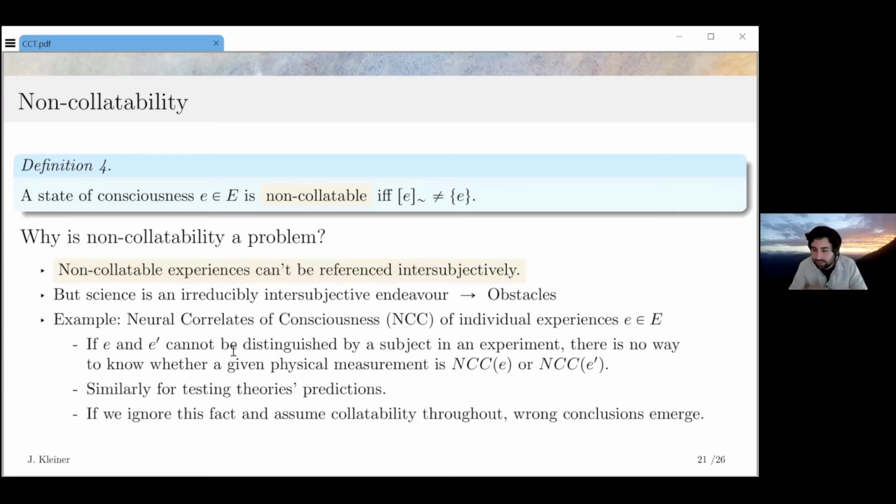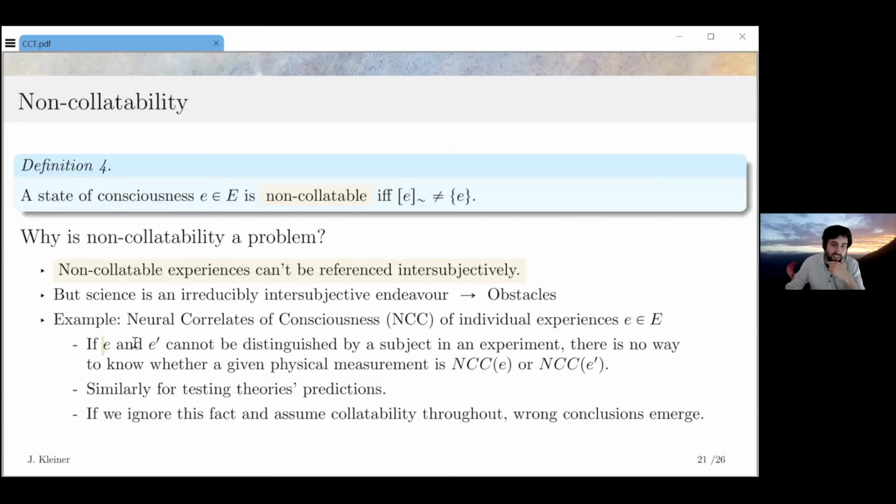If you look at the neural correlates of consciousness, what we want to do, maybe even today, is find neural correlates of individual experiences, not just collections of these. So for example, if E and E prime are two different states of consciousness, we want to know what the corresponding neural correlate of consciousness is, roughly the pre-image of the map T I had in the beginning. And we want to use that to study what the correct theory of consciousness is.